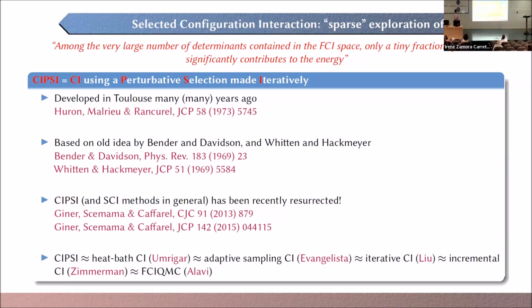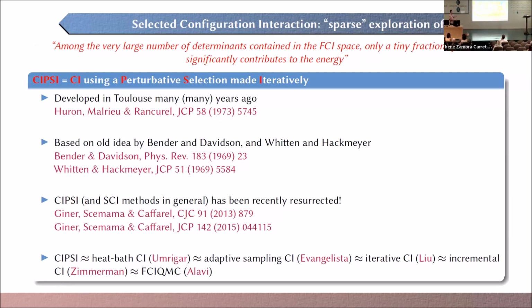So CIPSI is based on this. It's an iterative method that explores sparsely the Hilbert space. It was developed in Toulouse mainly by Jean-Paul Malrieu, that you probably know very well, in the 70s, sorry, and it can be traced back to other methods in the 60s by Ernest Davidson and so on.